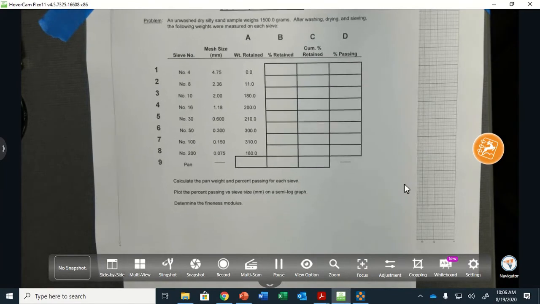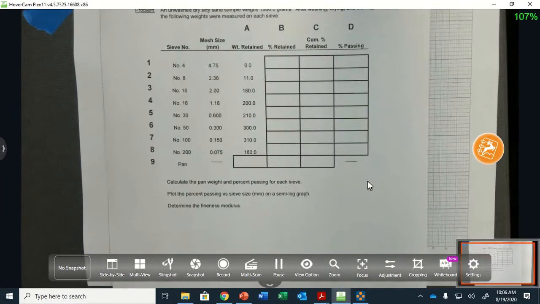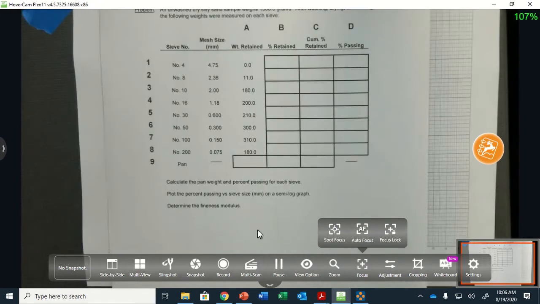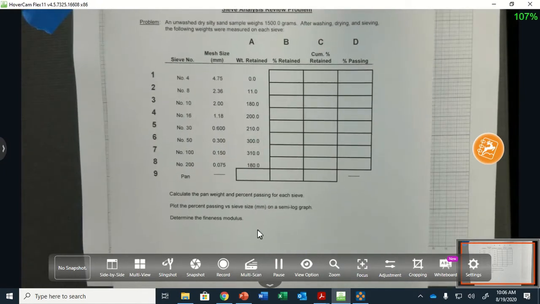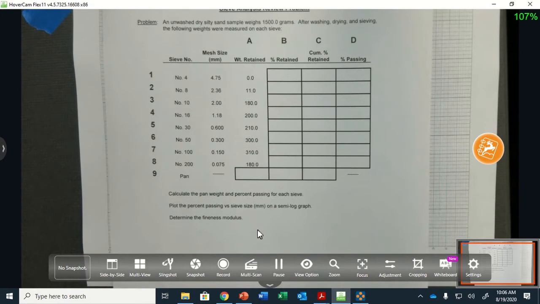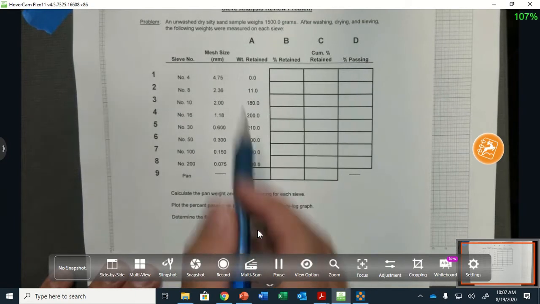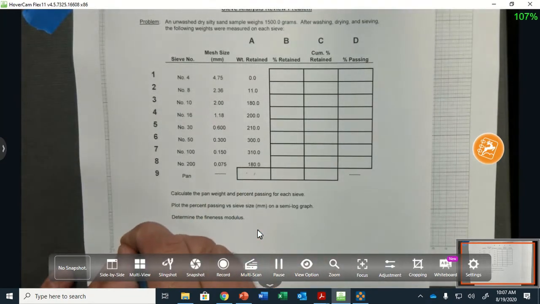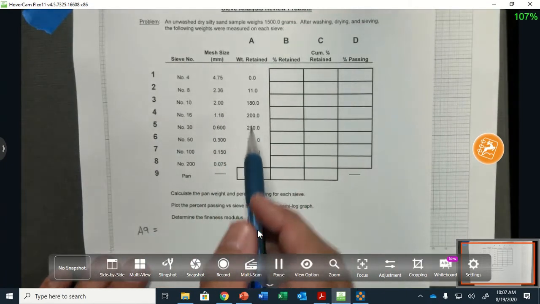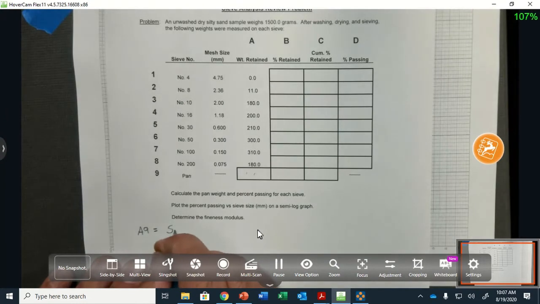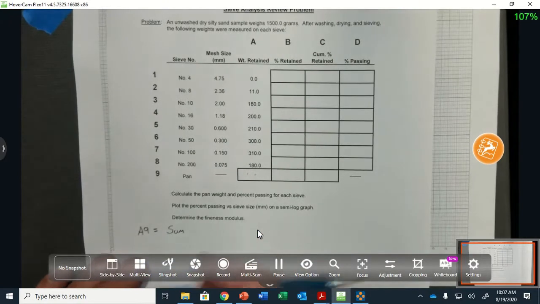Let me zoom in a little bit. Okay, so to solve the pan weight, which is cell A9, I'm using Excel. It is the sum of, let me start over.